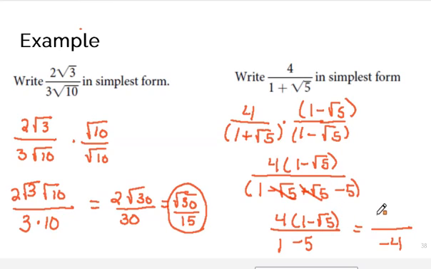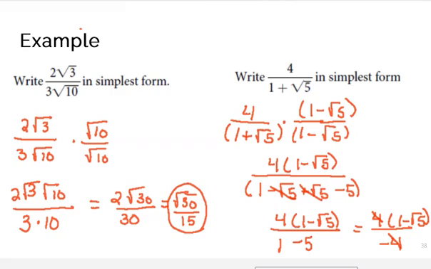So I'm going to rewrite this as 4 times 1 minus square root of 5. And we see that the 4s cancel out, so that's why I put it back. And we have a negative 1 on the bottom. 1 divided by negative 1 is negative 1. So it's negative 1 minus square root of 5.